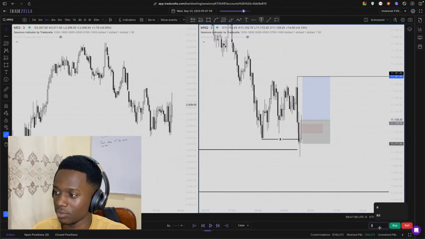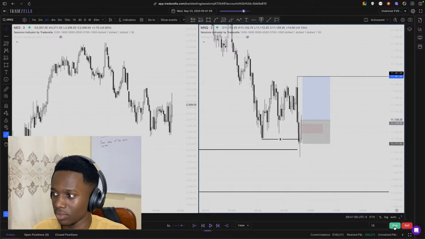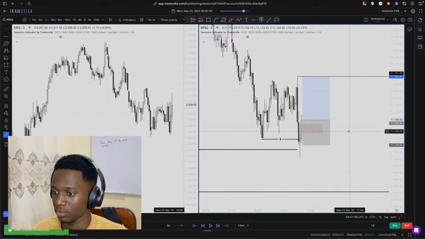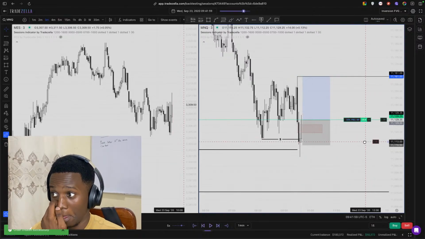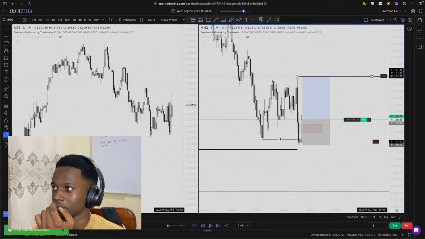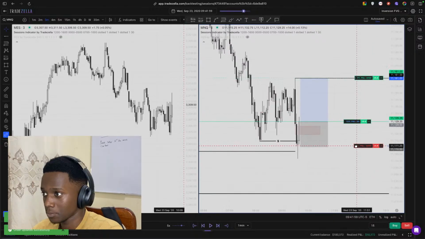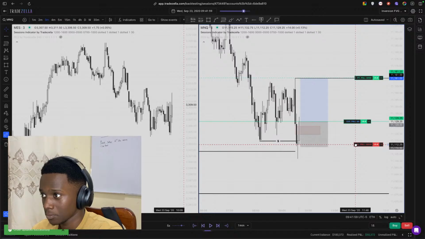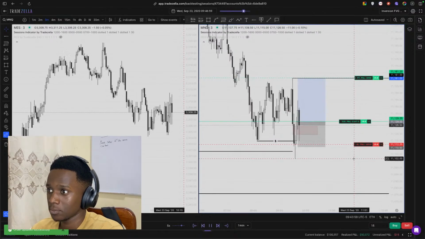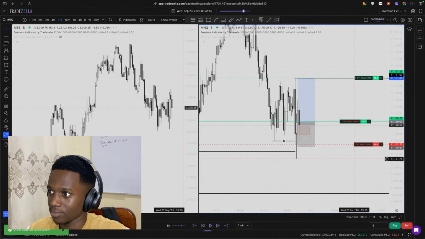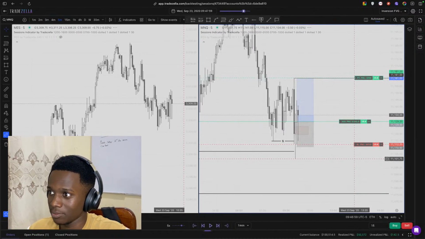That's 14 micros, 15 micros long. Whoopsies. Very bad retracement.